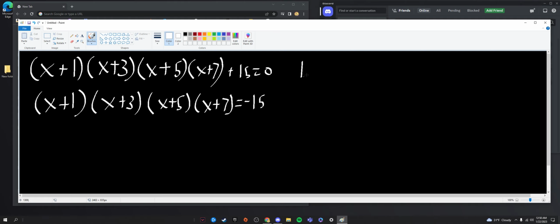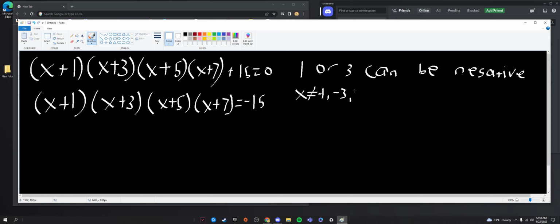That means that either 1 or 3 of these can come out to be negative, and obviously none of these can be 0. So automatically we can rule out some values. x cannot equal negative 1, negative 3, negative 5, or negative 7.